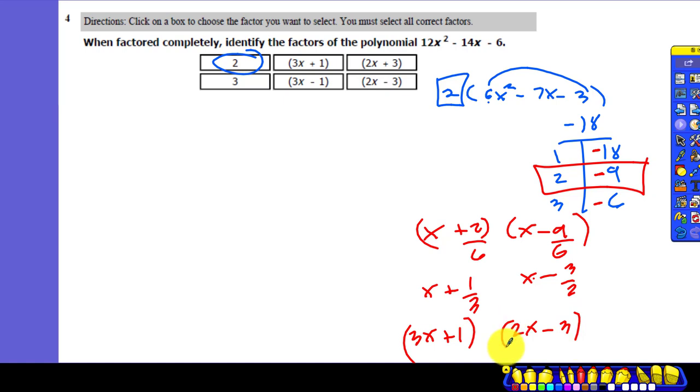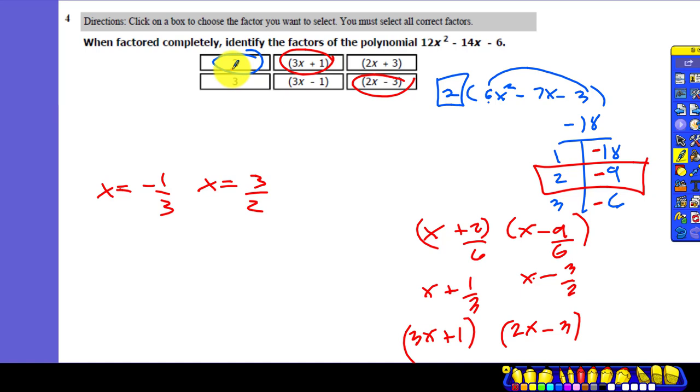So there we go. We have 3x plus 1 and 2x minus 3. If you're going to use the quadratic formula, you will get x equals negative 1/3 and x equals 3 over 2. And then this 2 as a factor, you'll not be able to find that one.